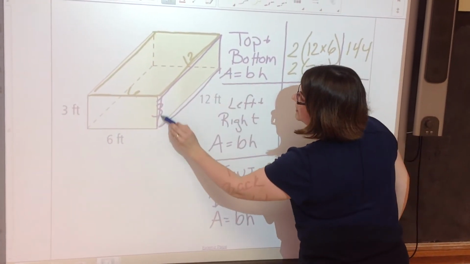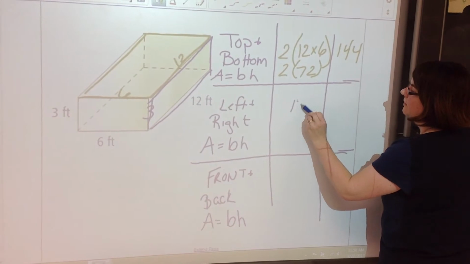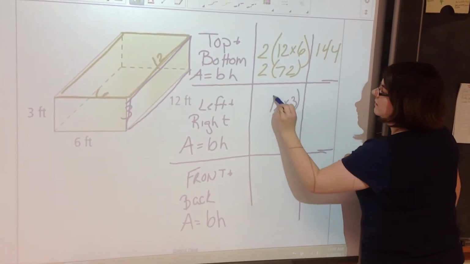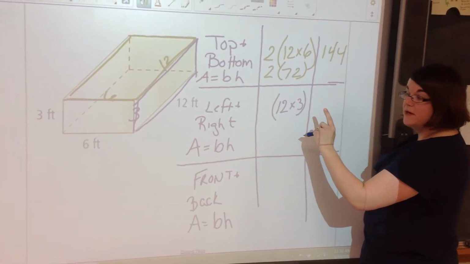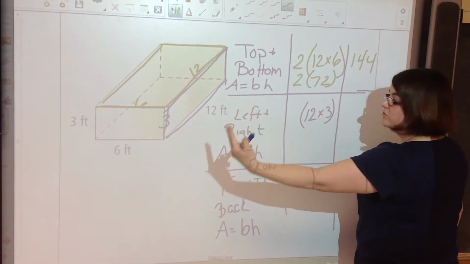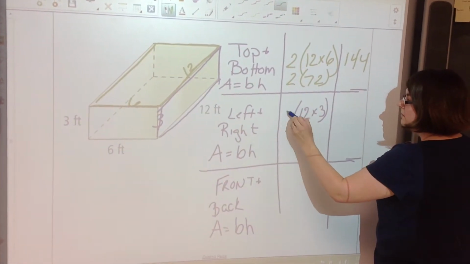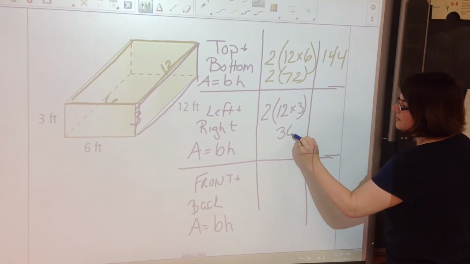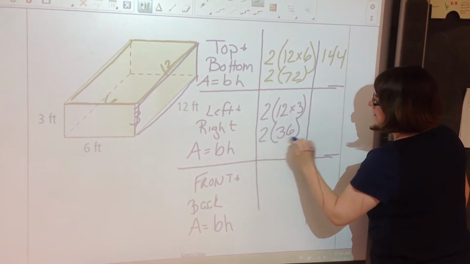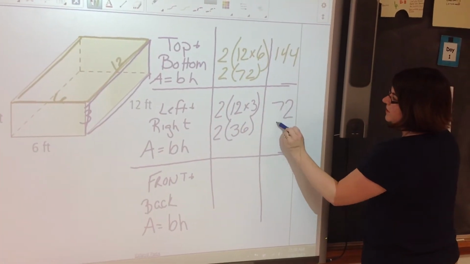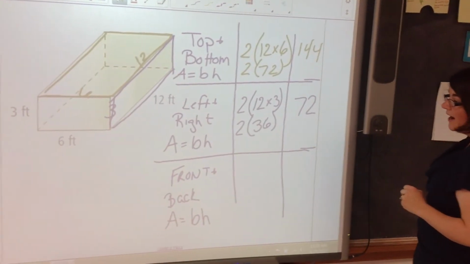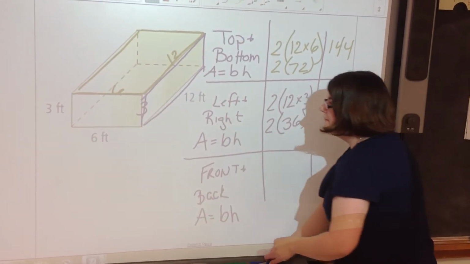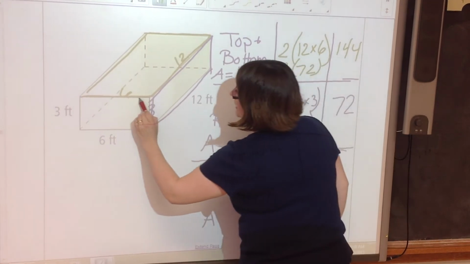So 12 times 3, and we're going to double this because the left panel is equal to the right panel. So we have 36, and then we double it, and we have 72. Now, we have the front panel and the back panel, and I'll draw those in red.